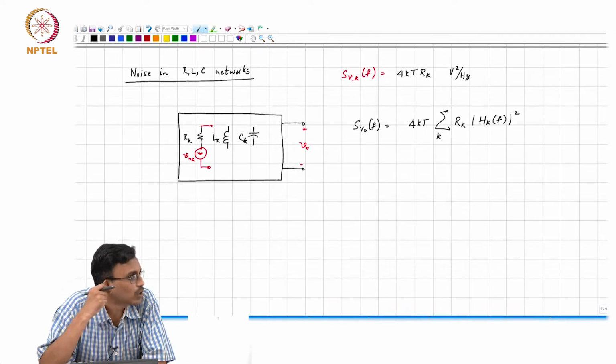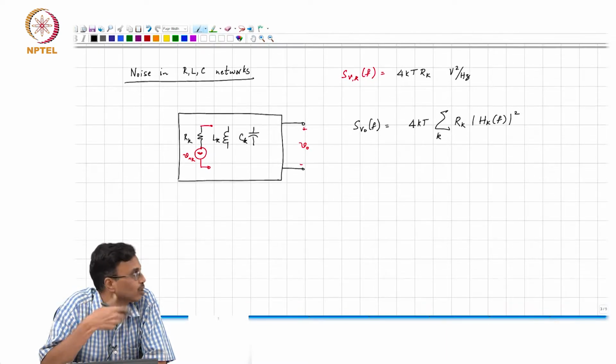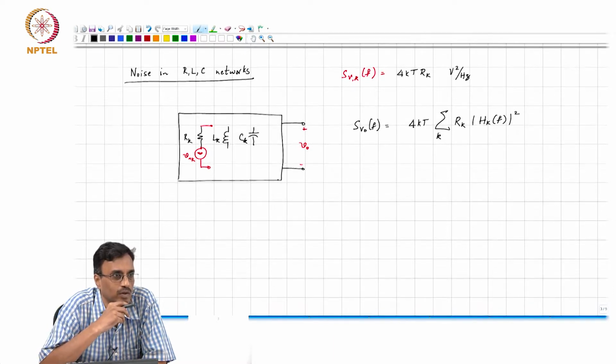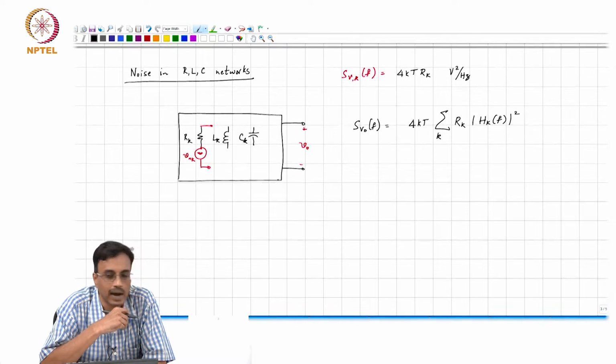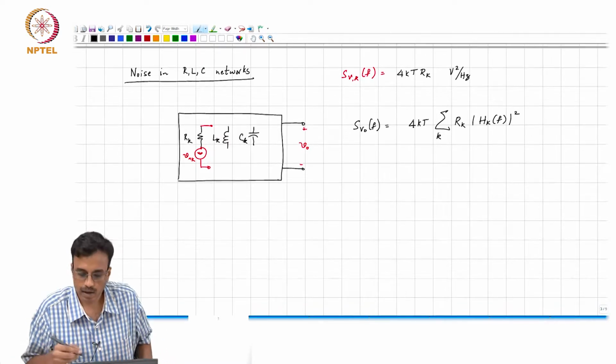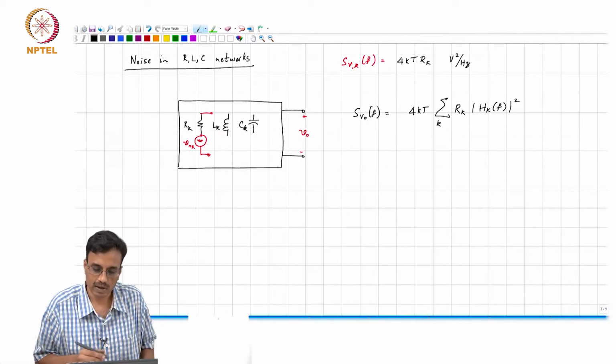The network consists only of R, L and C, and therefore, what we have not exploited is that once you have a network like this, it turns out to be reciprocal. And that is what we are going to exploit next.